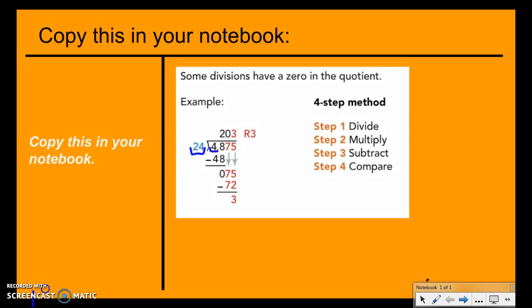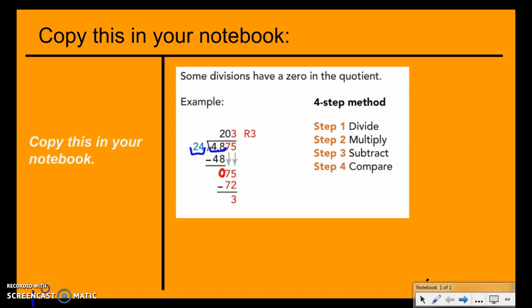Okay, so look at 24 and 48. Well, you know that 24 times 2 is 48, so we can put our 2 up there and put our answer below 48. 48 minus 48 will give us a remainder of 0. Okay? Now pay attention.